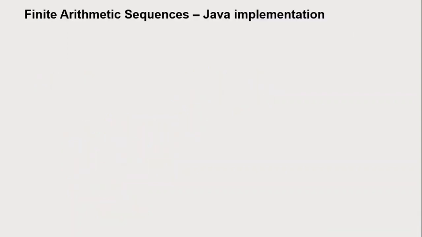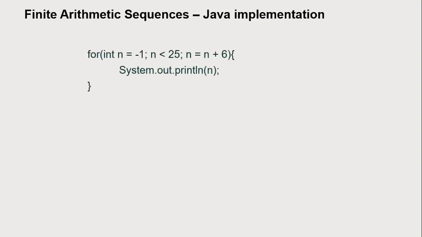So here in this video I will bring in a little bit of Java implementation. I don't want to spend too much time on it. There will be more time spent on it probably during your lecture, but here to implement a finite arithmetic sequence, all you need is one single for loop.